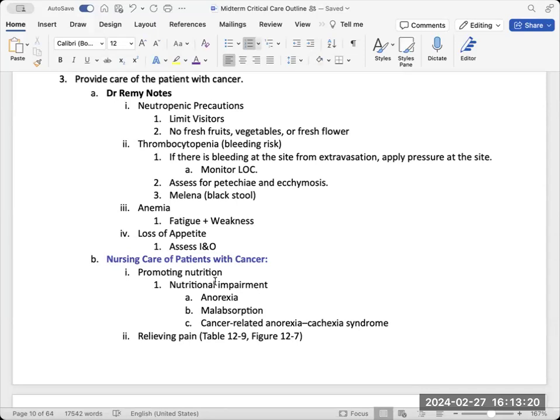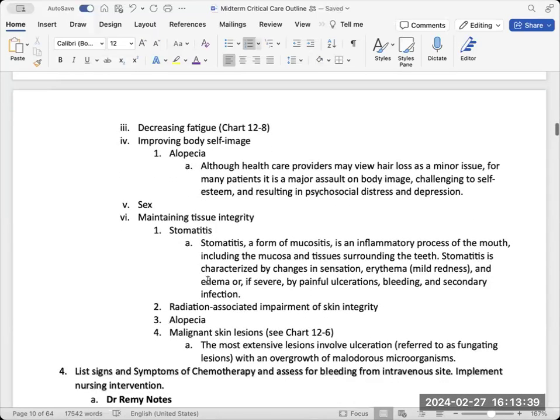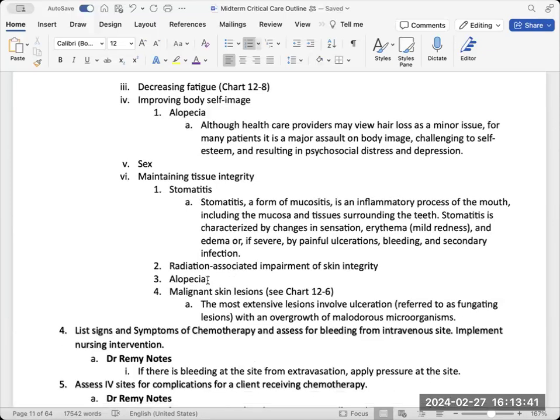So with neutropenia, we're going to put them on neutropenic precautions. With thrombocytopenia, we're going to protect them from bleeding, and we're going to also monitor for signs of bleeding. For anemia, we're going to help treat that with different supplements and try to help with the fatigue and weakness. We want to increase their nutrition, decrease their fatigue, alleviate their pain, as well as help improve their body image, right?